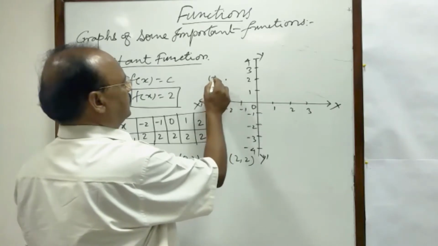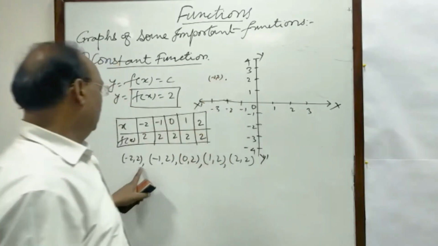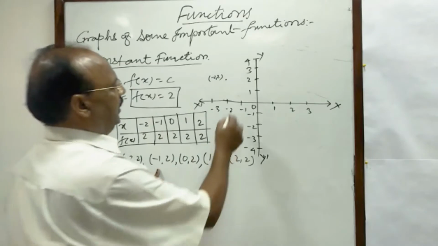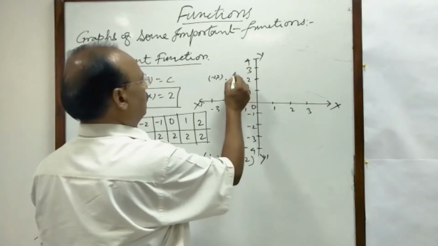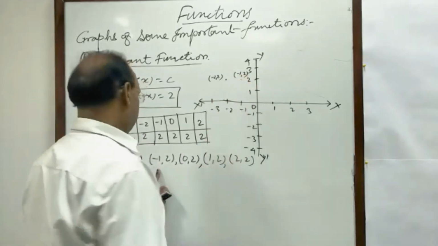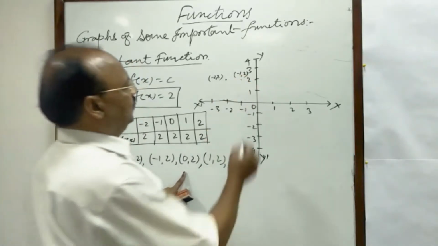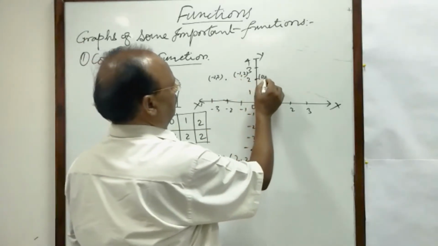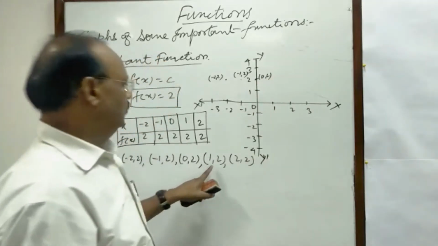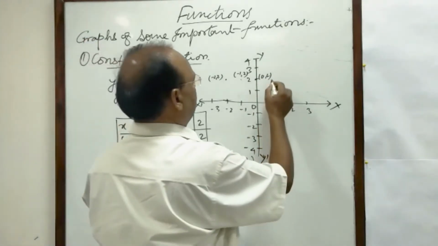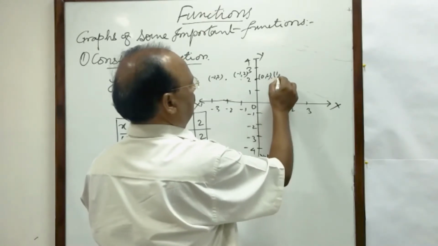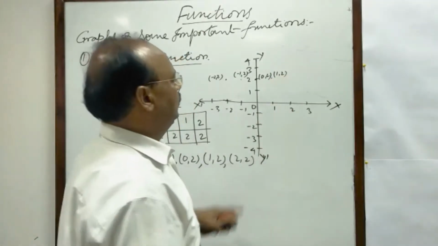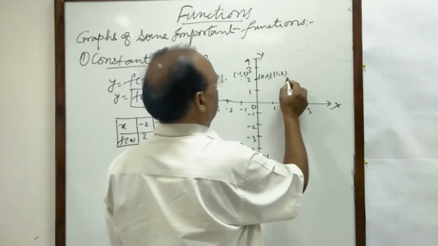Again (-1, 2), x is -1, y is 2. Again (0, 2), this point will be (0, 2) as you know. (1, 2): x is equal to 1 and y is equal to 2, the point will be almost here. And (2, 2).